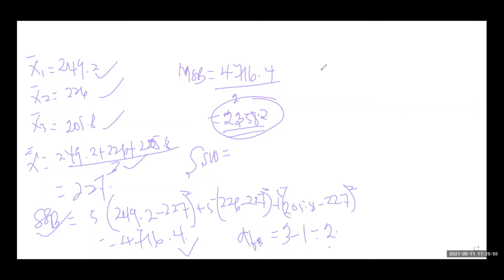So we can find that for SSW for club 1, which is going to be what? I've cleaned the data. Let me copy the data here again.